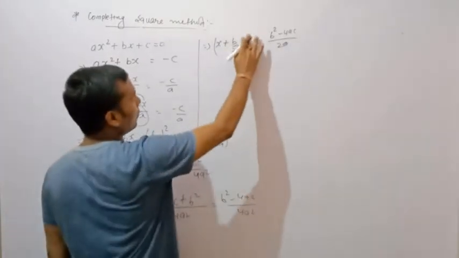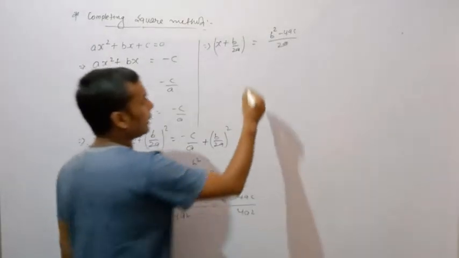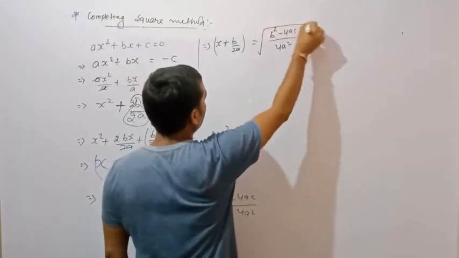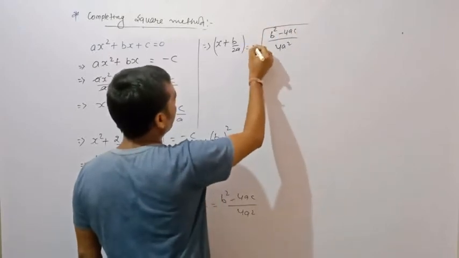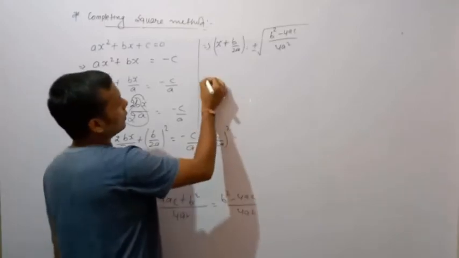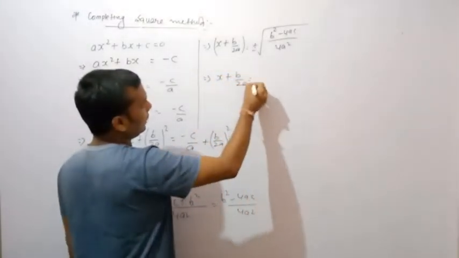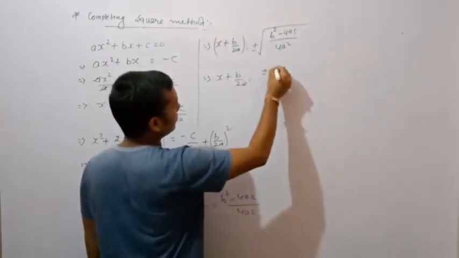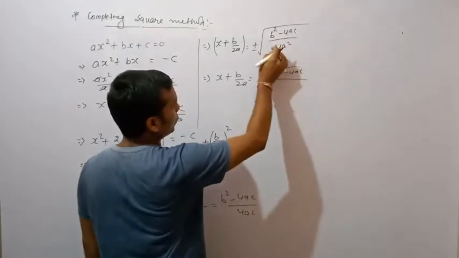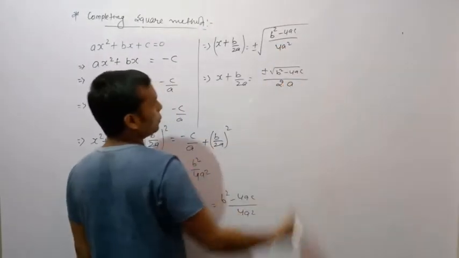So when you remove the square from the LHS, we take the root on the RHS, and the root carries two signs, positive as well as negative. Now x + b/2a = ± √(b² − 4ac) over the square root of 4, which will be 2, and a square will be a.